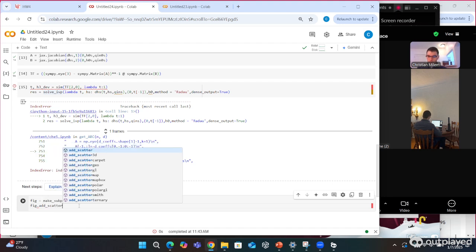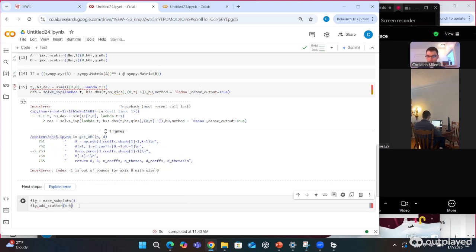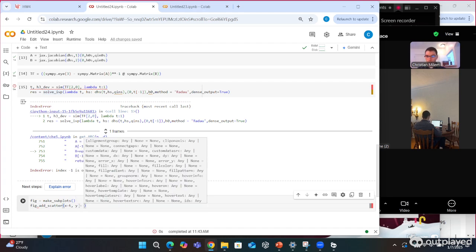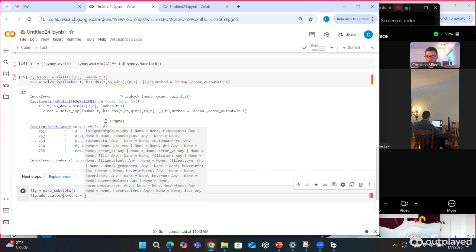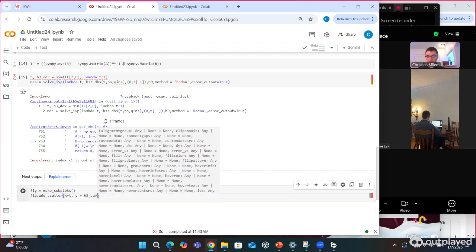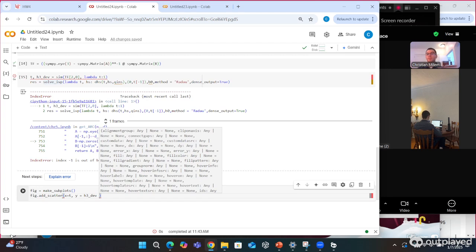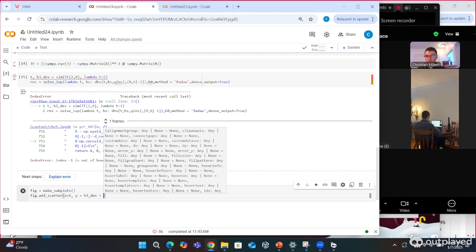So our x's are going to be equal to our t value, and then our y is going to be our deviation variables. And like we said, the definition of that is just our variable minus its initial state. So all we have to do is add the initial state to that.